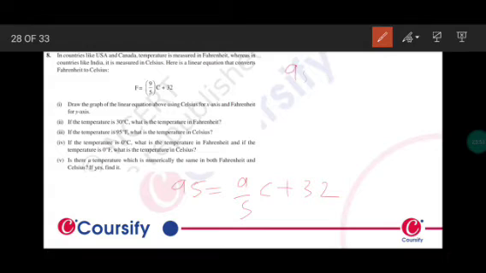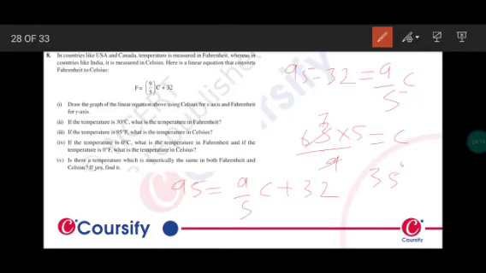So 95 minus 32 is equal to 9/5 C. This will become 63 into 5 divided by 9 is equal to C. So this will become 35 degrees Celsius. Celsius is 35 degrees at 95 degrees Fahrenheit.